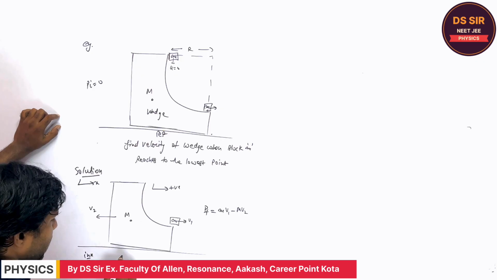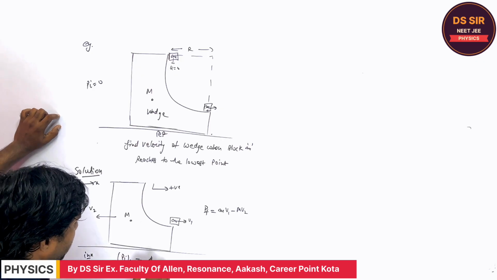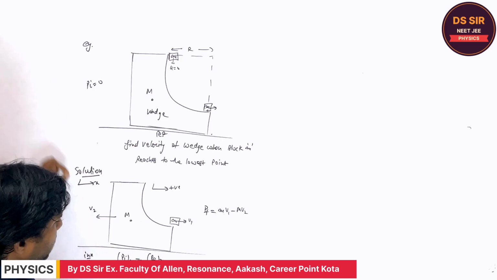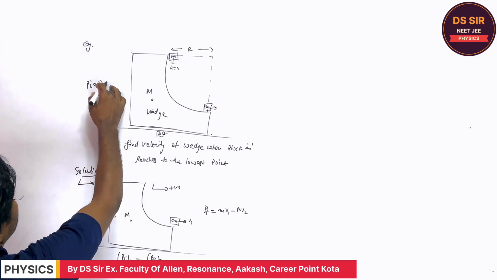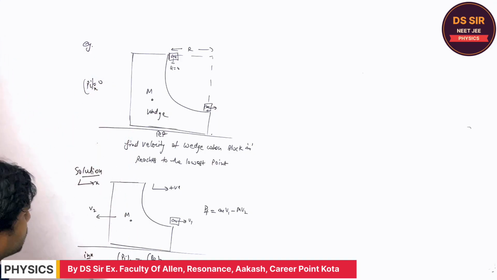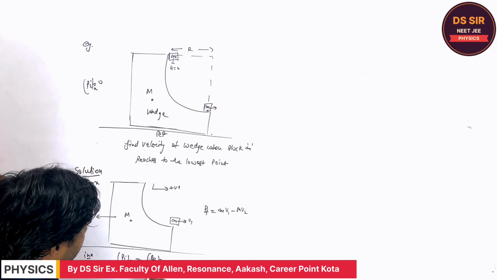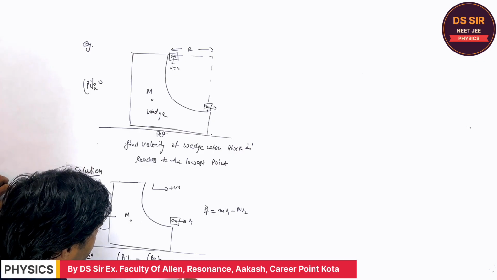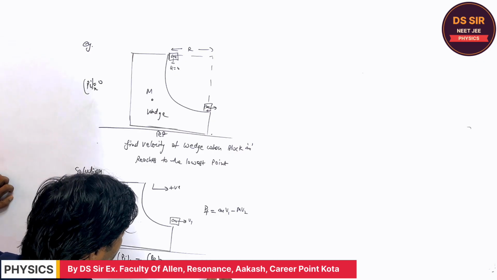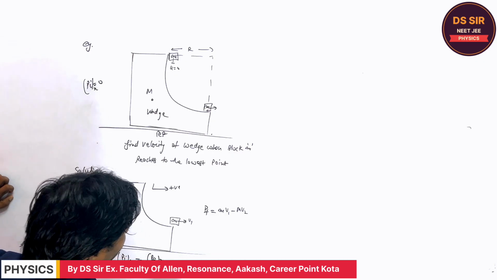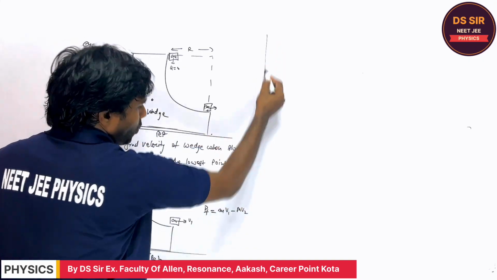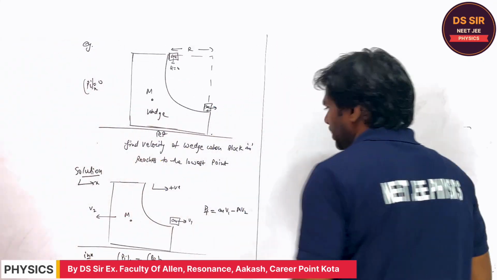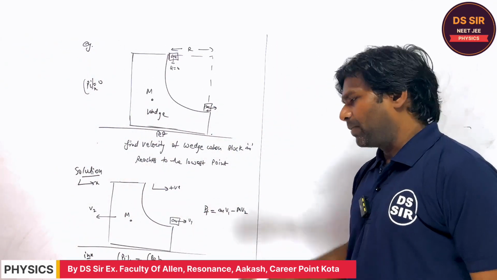Apply the conservation of linear momentum because no force is acting in the x direction. Initial momentum in the x direction is 0, and the final momentum is this. Implies that M v2 is equal to m into v1. Equation number 1, okay, this is the one relation we are getting from the conservation of momentum.